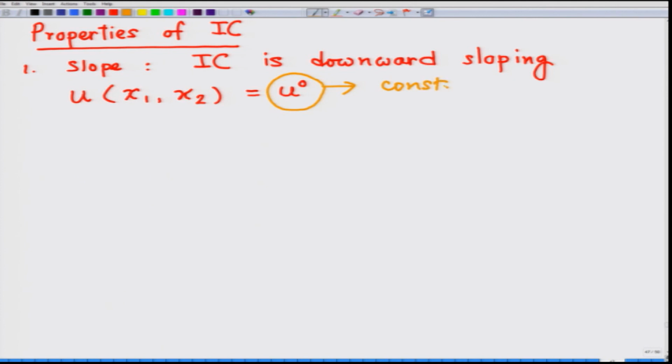Now, let us take the derivative of this function.